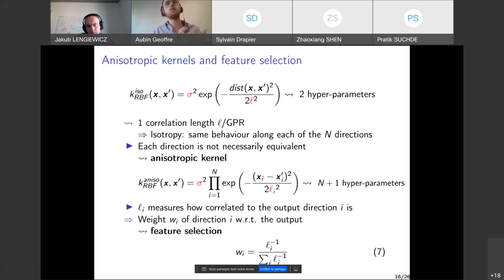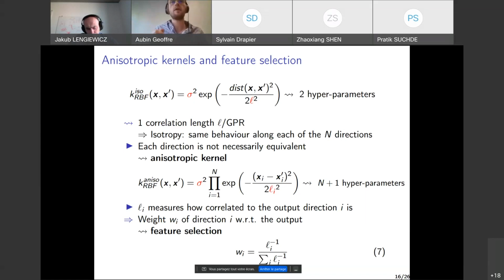And this is not really observed in practice because some directions can have a larger weight than the other directions. So this has to be taken into account, and that's why we introduce the anisotropic kernel.